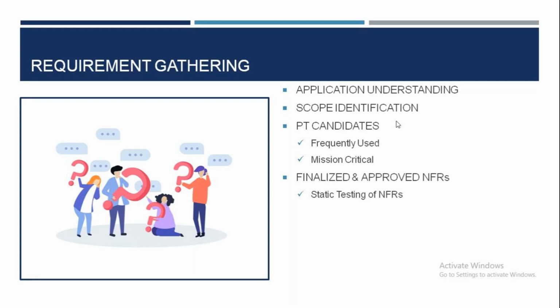The points you should look out for in the NFRs are whether they have given you the average load and peak load, whether they have given you the expected response time, and whether they have given you the failure rate. Let's say out of all the transactions, there is an acceptable failure limit like 2%, 3% of the total transactions.